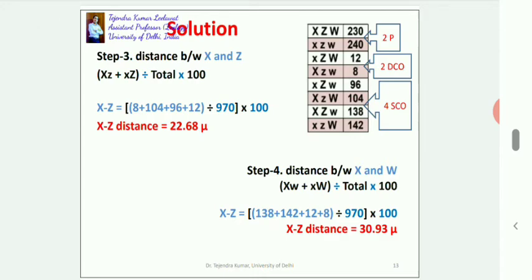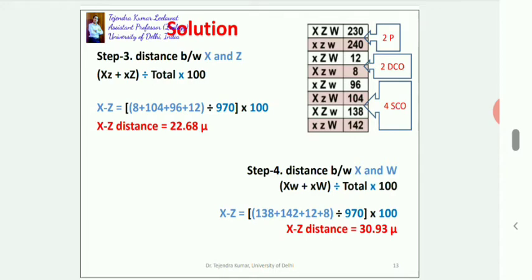You can easily see here capital X, small z, and capital W. We have to focus only on X and Z, not on W, right? Because we are determining the difference between X and Z. So what is going on with W is not our concern.